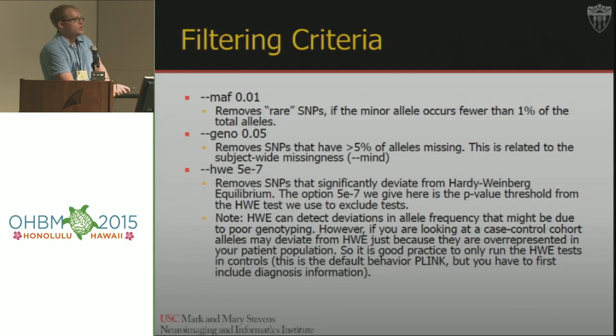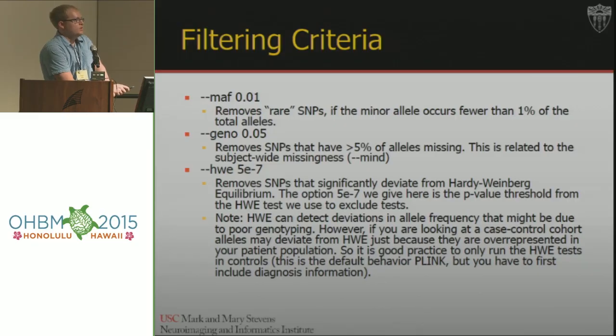The next is Hardy-Weinberg equilibrium. This is what you learn about in basic genetics classes to see if a given allele is more common than you would expect by chance under a certain set of conditions that are outlined by Hardy and Weinberg. It's a seminal paper. It's really great.